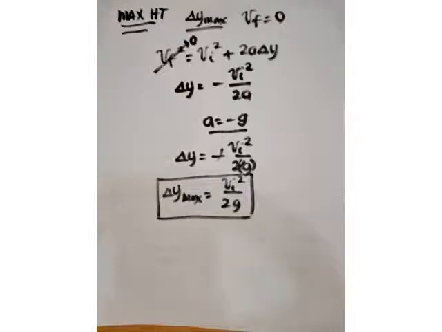When we get to free-falling bodies, our a is always negative 9.8 meters per second squared, or 32.2 feet per second squared.